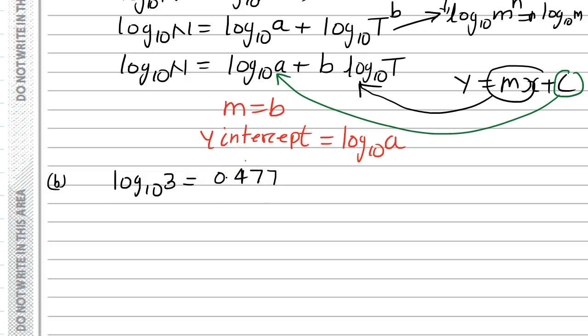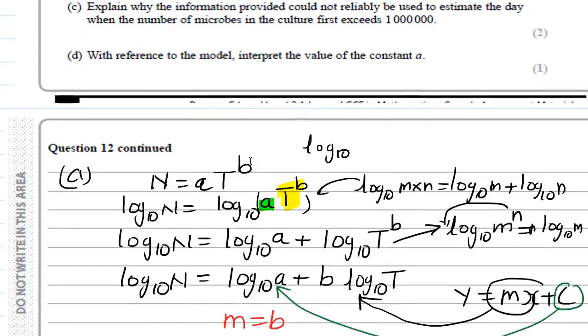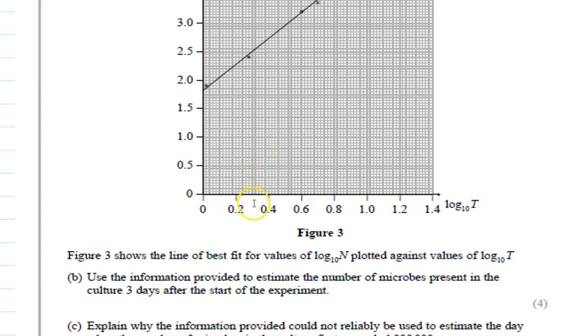So let's go and see the graph. 0.477 will be somewhere here. I can just give you an idea: 0.5 will be here, 0.477 a little below. So if you draw a line here and it is hitting, let's take another line.